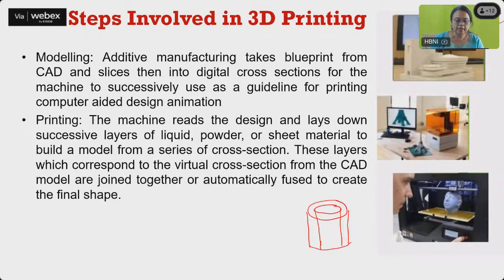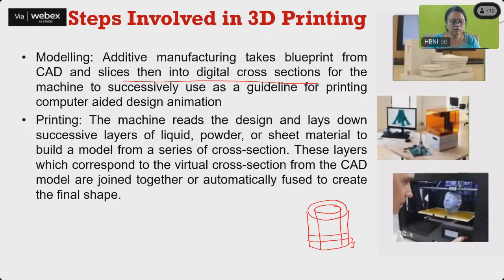So my printer will take the blueprint for each layer and slice it into digital cross sections for the machine, and the machine will take guidelines for each layer for printing, right? This is the modeling part.